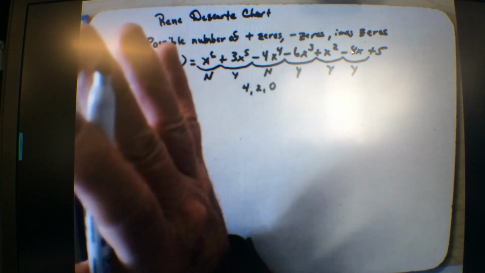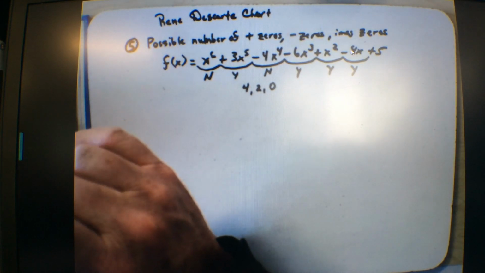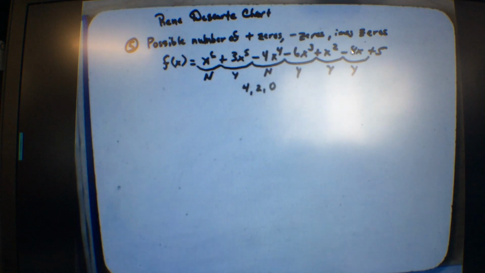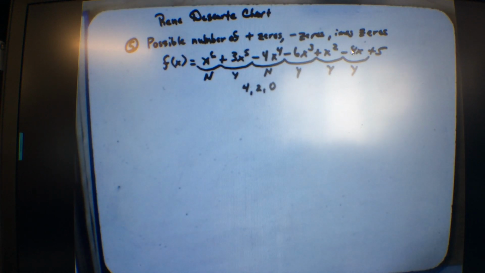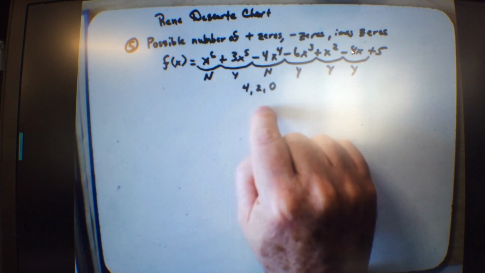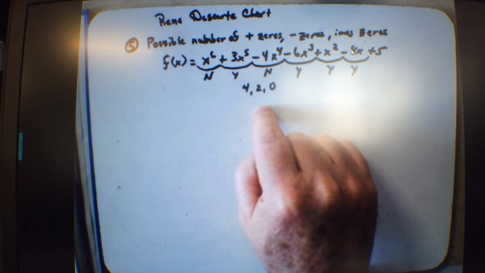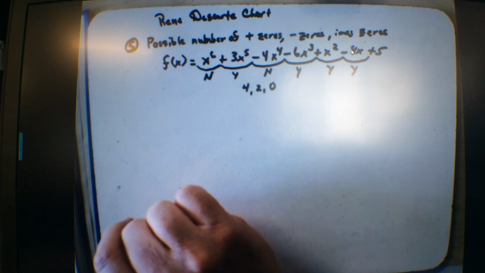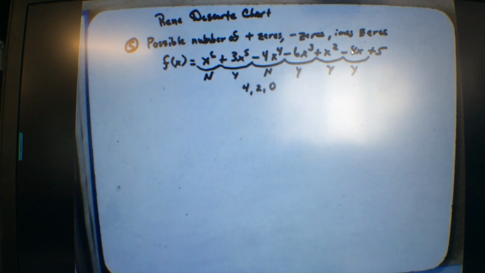Like let's say it's 5, it goes down 5, 3, 1. So all even numbers go down even until you get to 0, and all odd numbers go down until you get to 1. You got it? Okay, so that's how many positive. You can either have 4, 2, or 0.